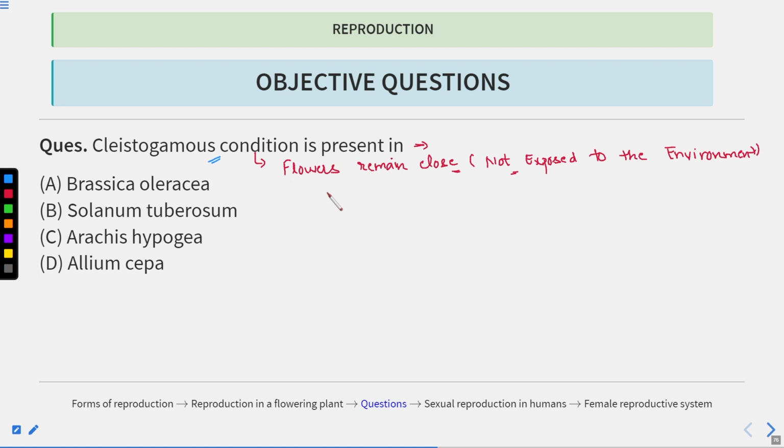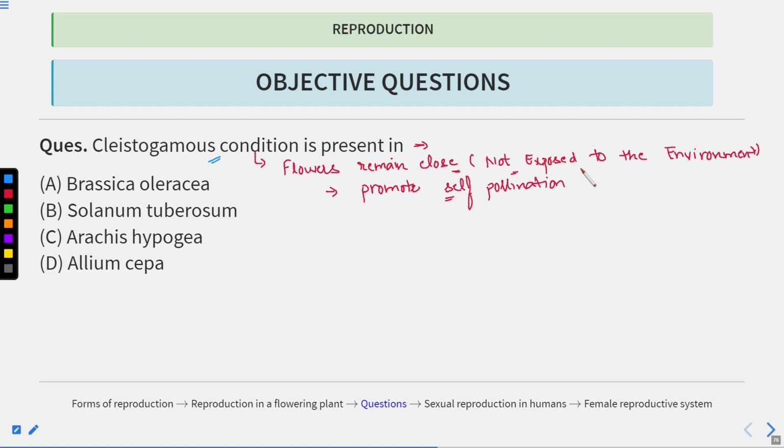So what will happen here? The flowers remain closed and this promotes self-pollination, because the external pollen cannot land on the stigma of these closed flowers.